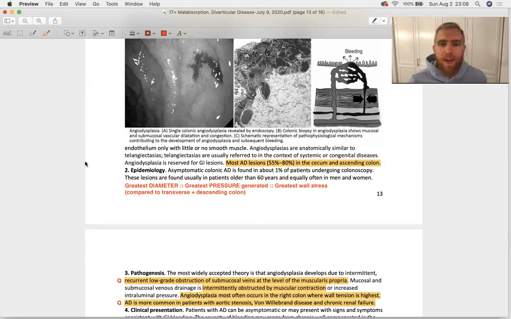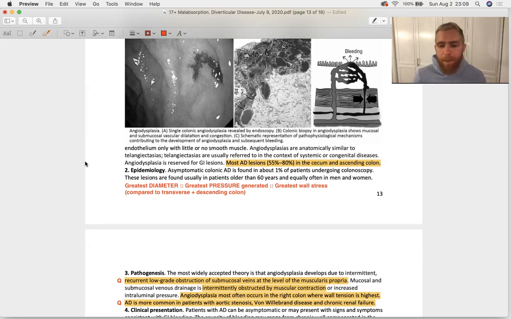So the reason why you find these vascular malformations and bleeds in the ascending colon has to do with the fact that these blood vessels that run through the wall of the gut are constantly getting squeezed by the circular and longitudinal muscles surrounding them.